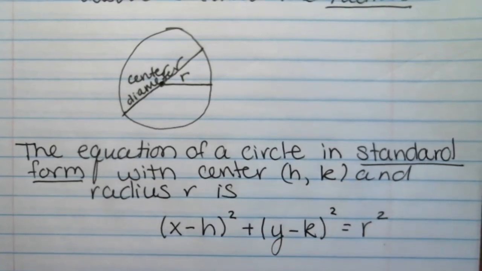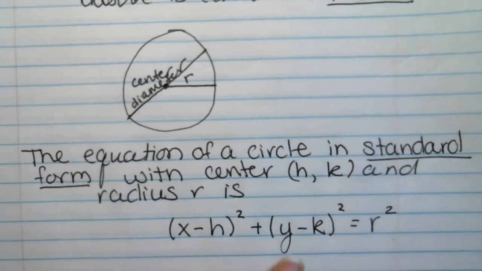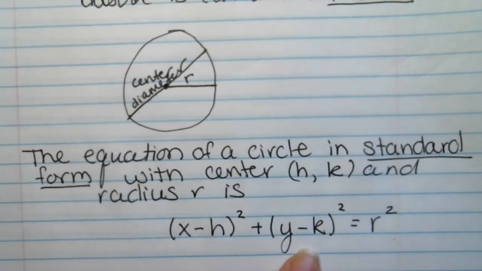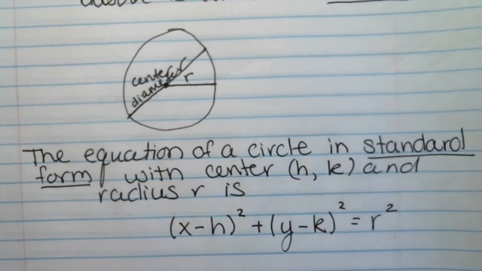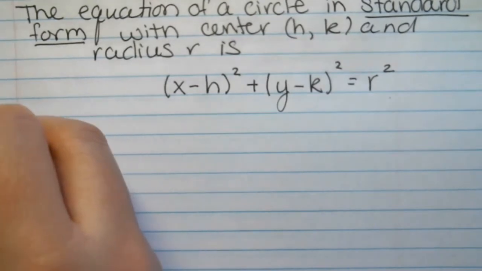So this is the standard form of the equation of a circle, where HK is the center of the circle and R is the radius of the circle. So let's do an example of using this.